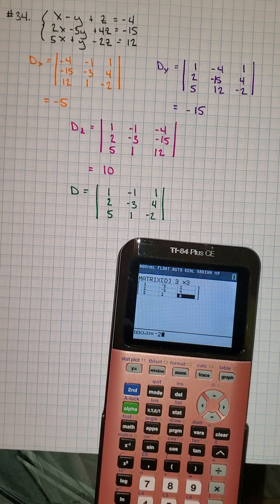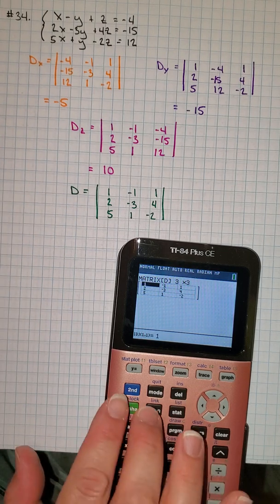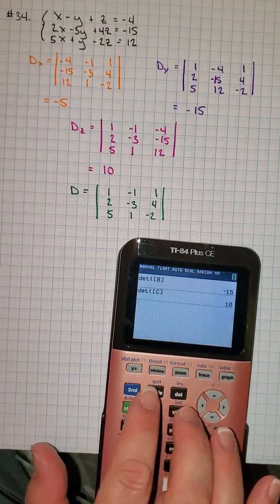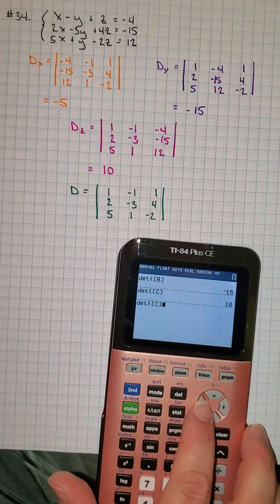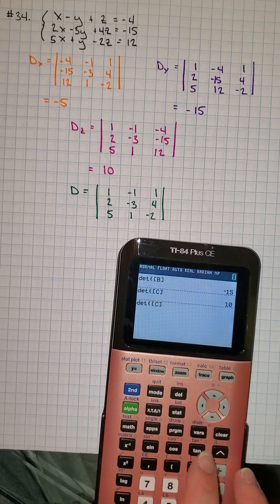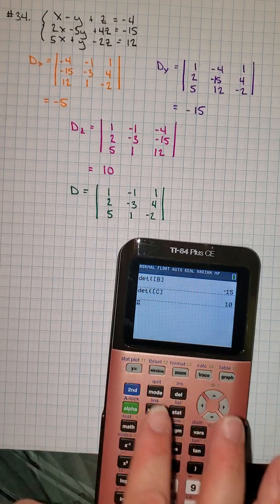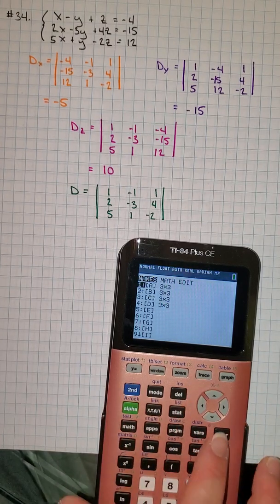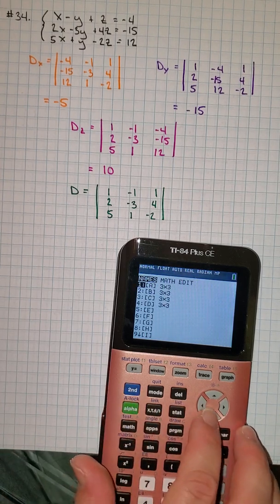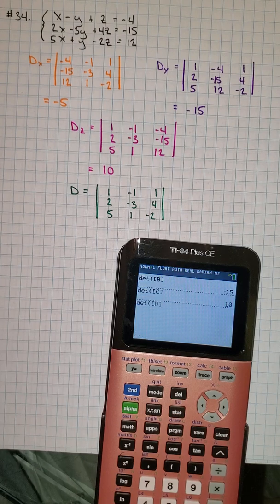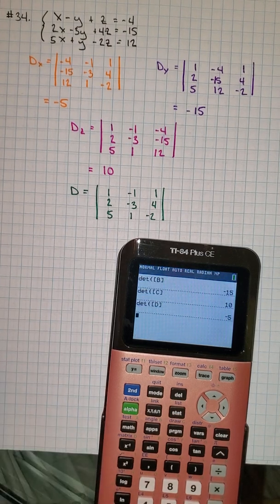And be prepared to answer questions on Cramer's rule too. It could just be about the process. Actually, I think I can do second enter. That didn't work. Alright, so the determinant of matrix D then is -5.